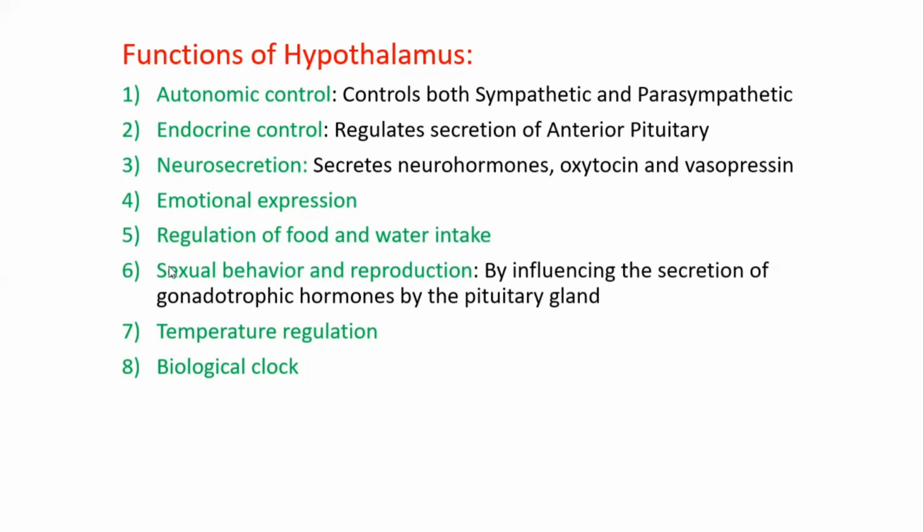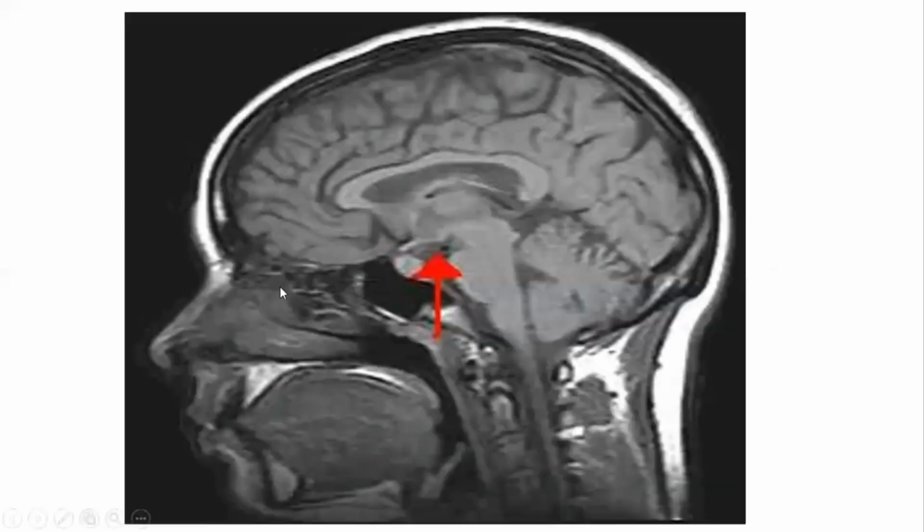Some nuclei are responsible for that. And then also sexual behavior and reproduction by influencing secretion of gonadotropin hormones, which are released by the pituitary gland. Also temperature regulation, which is thermoregulation, and the biological clock of the body. So the next one, actually this is another picture of the hypothalamus.